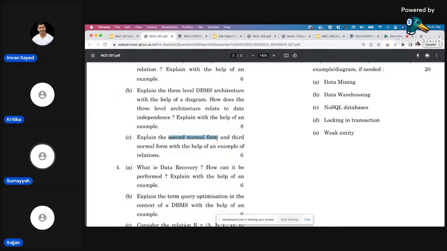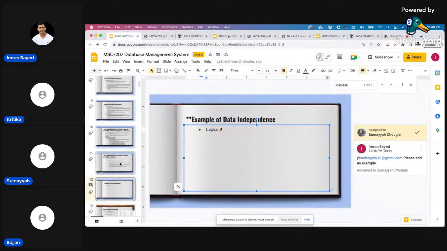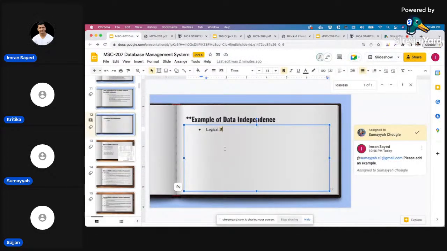A relation is in third normal form if it is in second normal form, and all non-prime attributes are directly dependent on the primary key. There should be no transitive dependencies. So let's go with that. Second normal form.